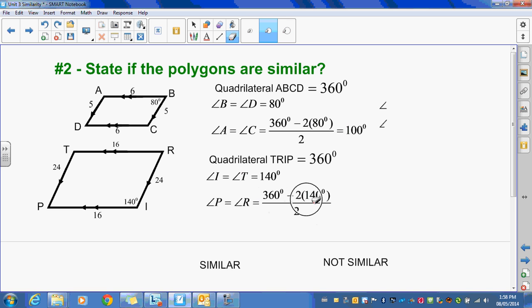And so in order to get the measure of one, we need to divide by 2. So that would be 80 divided by 2, which is 40 degrees. So we now have angle R and angle P are equal to 40 degrees.